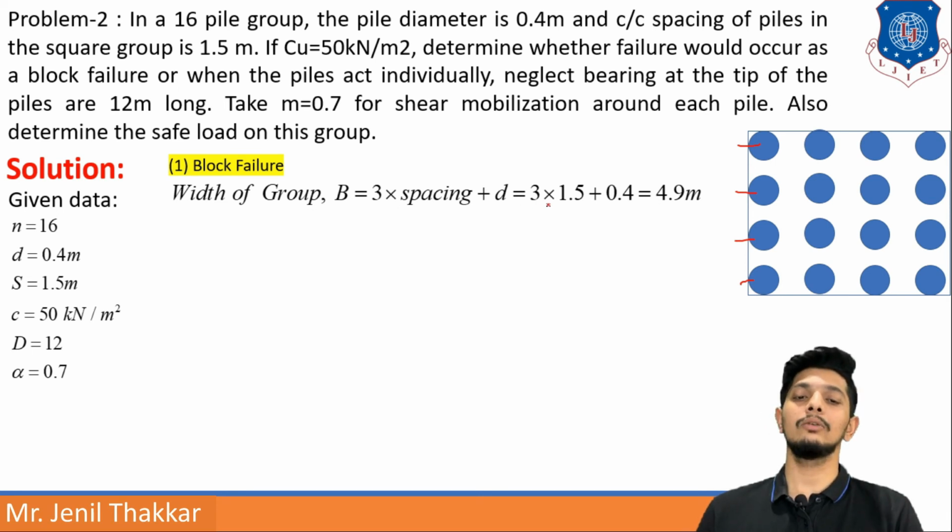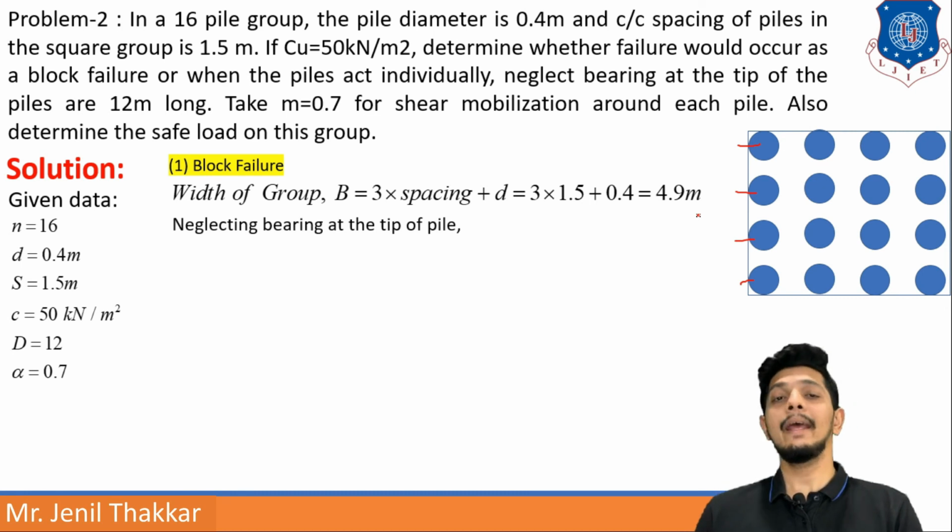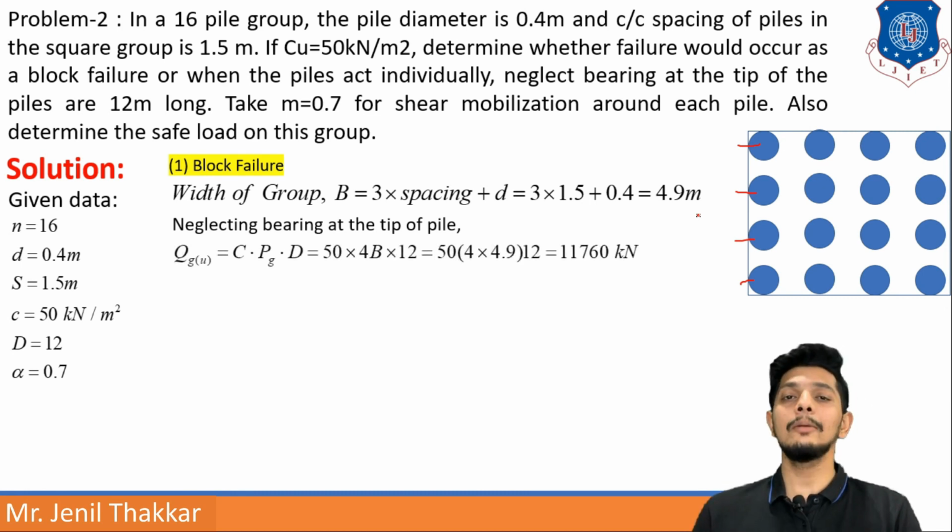So we can write 3 into 1.5 plus full diameter of one pile, that is 0.4. So total width of one side can be written as 4.9 meter. Now for perimeter we can multiply it with 4 as there are 4 sides, and also neglecting the end bearing.